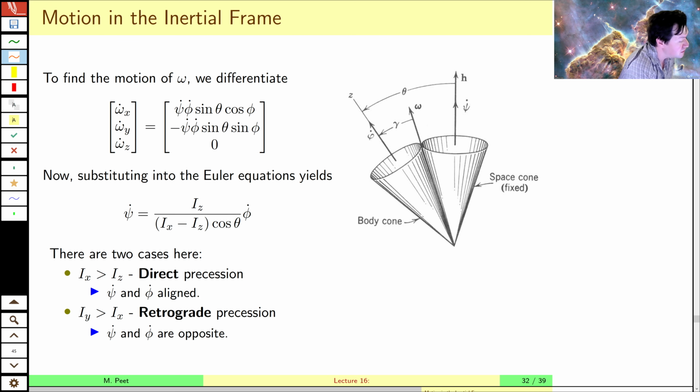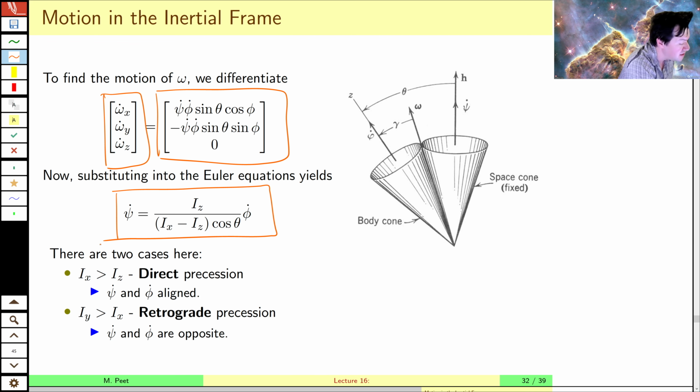So we can actually express the omega dots as a function of the Euler rates in the inertial coordinate system, and we can solve from the last one to get an expression for the dynamics of these Euler rates in the inertial coordinate system.